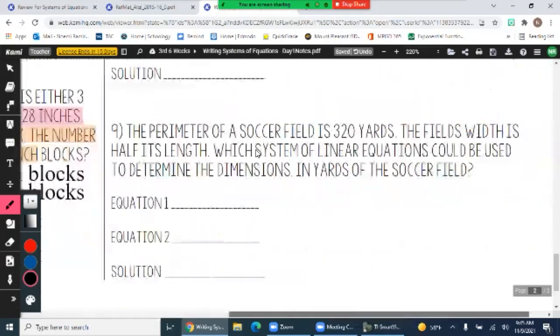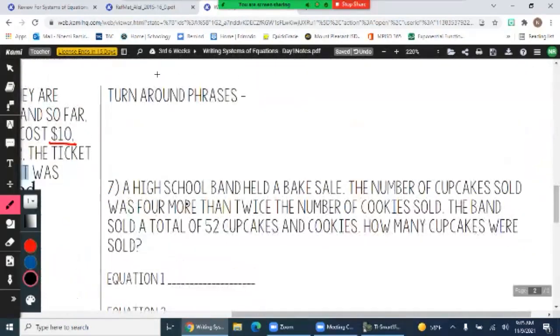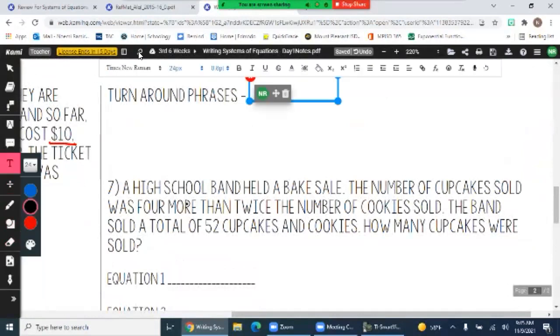All right, one more. Now, these are going to be probably the hardest ones to write because you do have to use your turnaround phrases. Let's think back to our turnaround phrases. This is a topic that we covered in the very first 6 weeks. So our turnaround phrases are going to be, let me go back and find my notes.